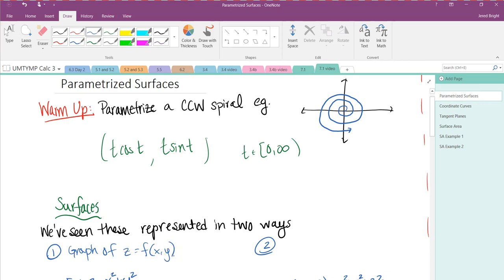The second one was to maybe look at a level set, where it's a function of three variables.